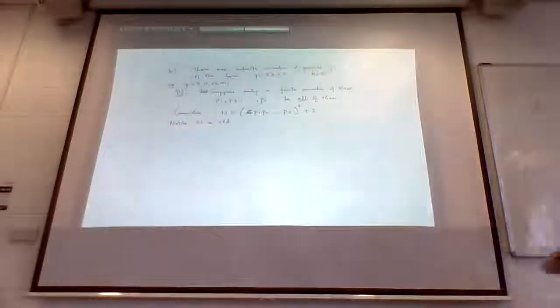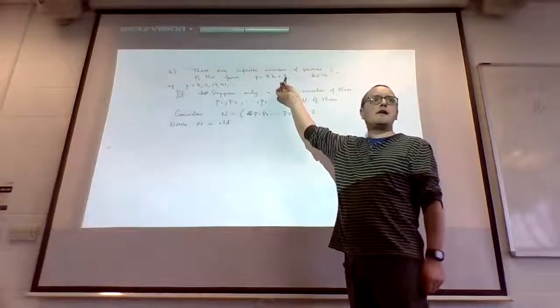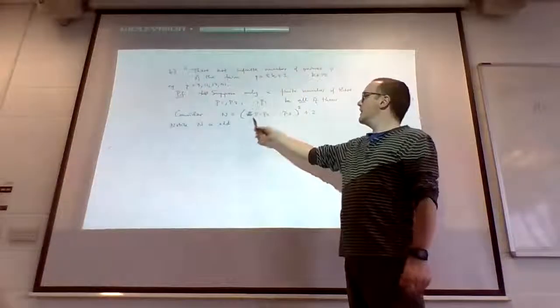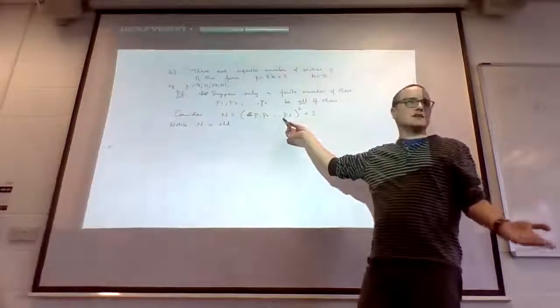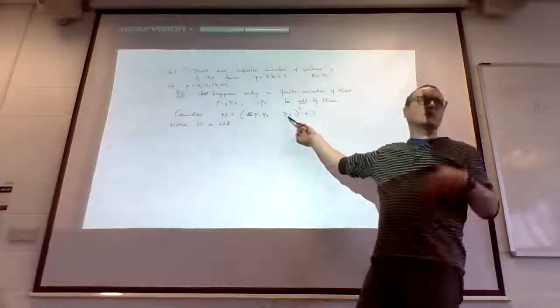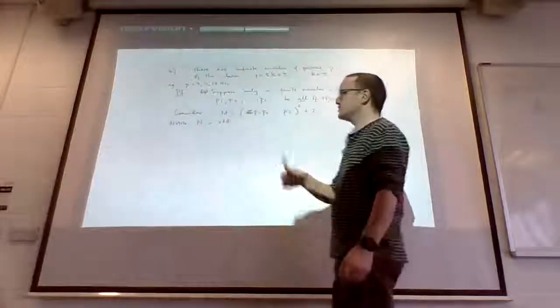Is that easy to see? Well, all the primes are odd. When you multiply odd numbers, you get an odd number. When you square an odd number, you get an odd number. When you add 2 to an odd number, you get an odd number. So you can see from the way that n is constructed that n is odd.